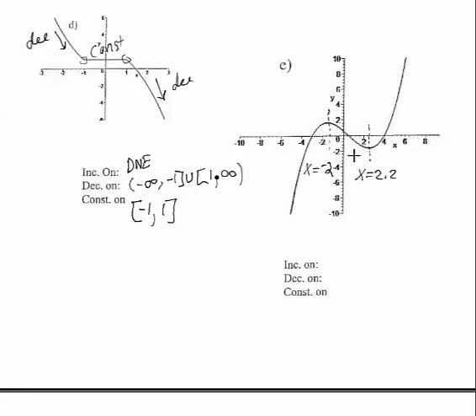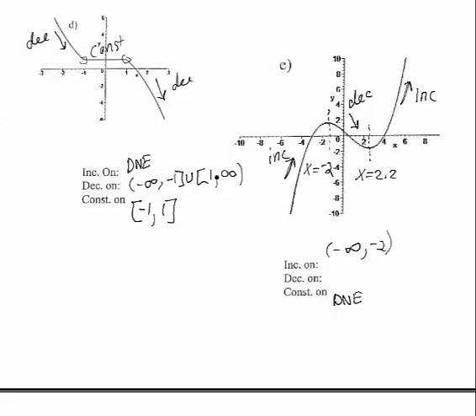Now, as far as constant goes, we don't see any flat areas of this curve, so constant does not exist. Now on the far left we have increasing, and again on the far right we have increasing, and now in the middle we have decreasing. We are going downhill. So let me just fill out these intervals at the bottom. Increasing from negative infinity up to my first turning point, -2.